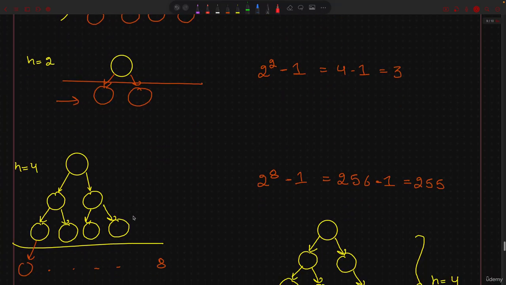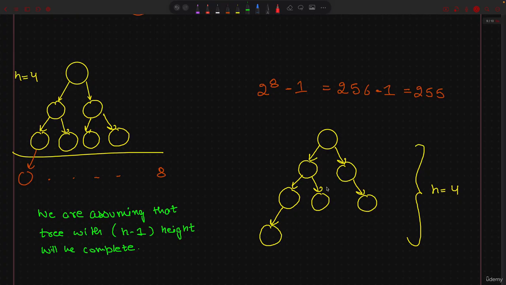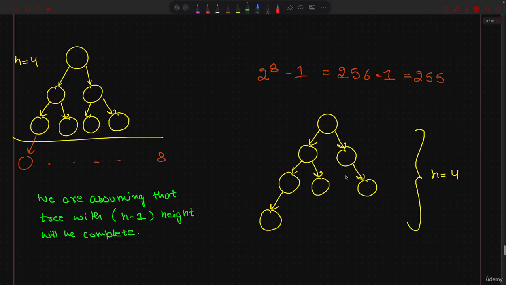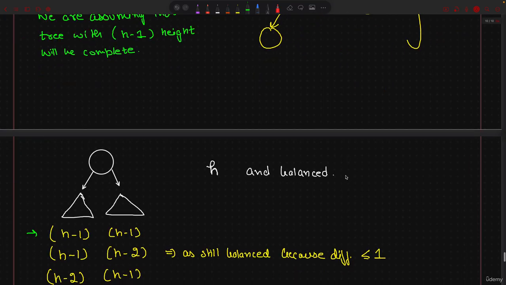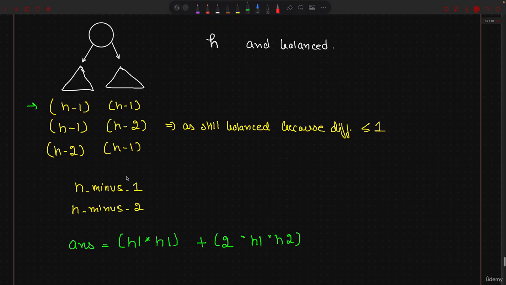When we move to h equals 4, this starts giving us an error. The problem is that we have missed out on some cases, and the cases were something like these. So again, we have to make sure that we are considering each and every case of the balanced binary tree. Great. Now, with this approach not working for us, we went down to our basics and started thinking about our tree in the way we used to think when we solved our problems.